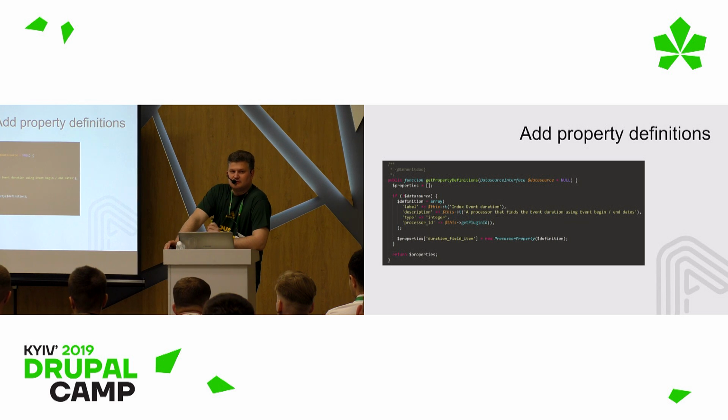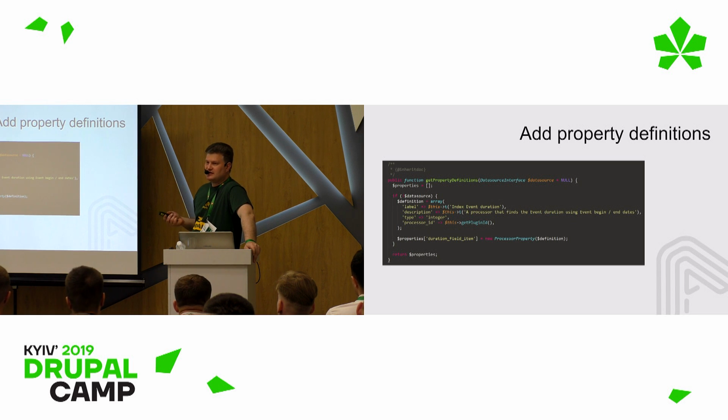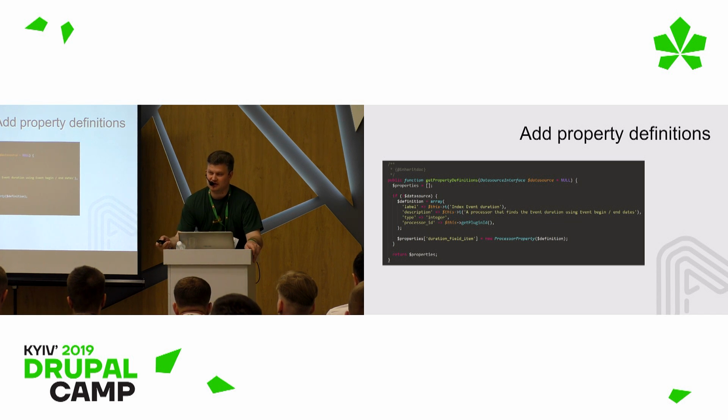Type is a specific type we should use for storing data, and processor ID is a unique identifier of the processor. This method allows us to define the field and set up the feature for storing data inside our index.